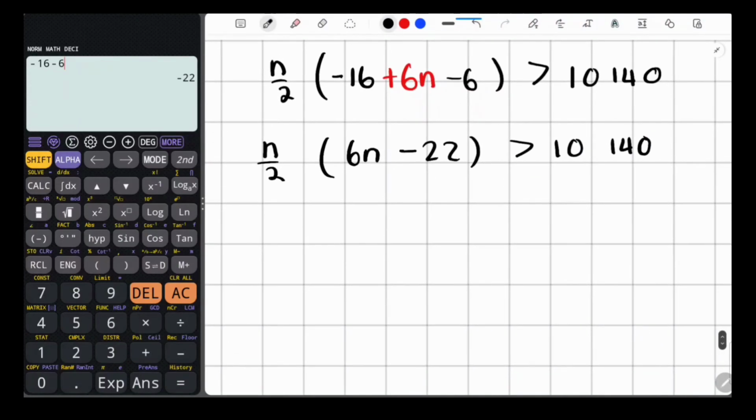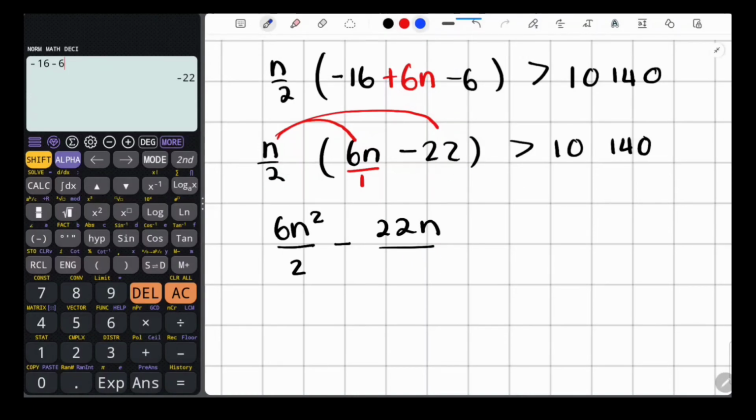Okay, then I can just multiply these into here. So I'm multiplying this into this. To multiply it easily, make this a fraction by putting it over 1. So it's just the numerator times the numerator, which would be 6n squared, denominator times denominator over 2. Then again, this multiplied by the -22, numerator times numerator, -22n over denominator.